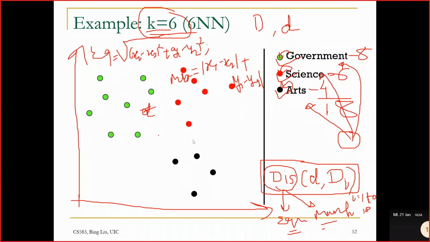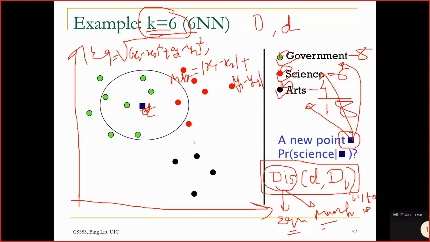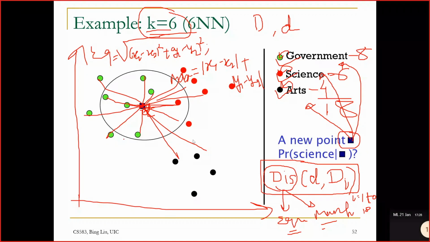Now what is the meaning of K? The meaning of K is the number of points which we are going to select from the unseen sample which are nearest. So let us see the meaning of 6 over here. You have this unseen sample. From this unseen sample you already measured the distance in step number 1, from all 18 points.